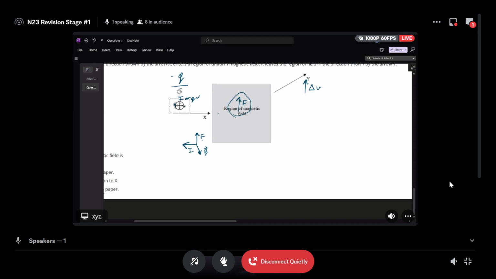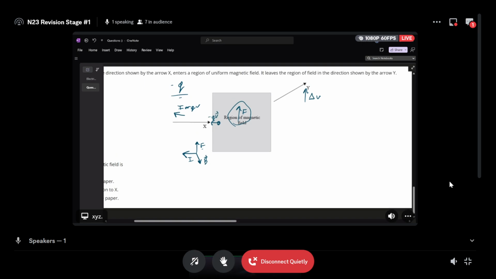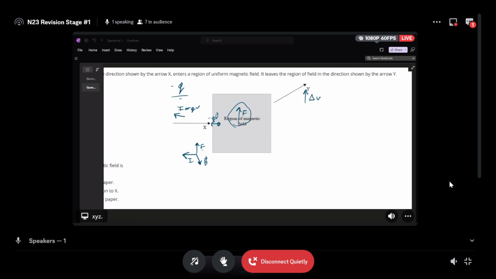So in here, we have motion going this way, so V is that way, which means minus QV is like that, right? Because we have negative charge. Sorry, I'll keep this QV. Force is this way, so B must be out of the page, right?